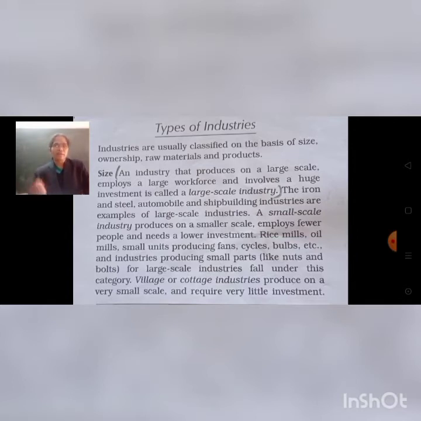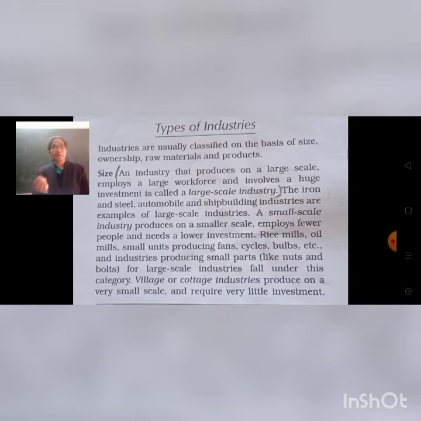A small scale industry produces on a smaller scale, employs fewer people and needs a lower investment. That much money and that many laborers are not needed.